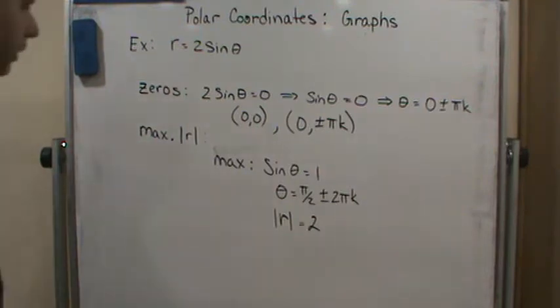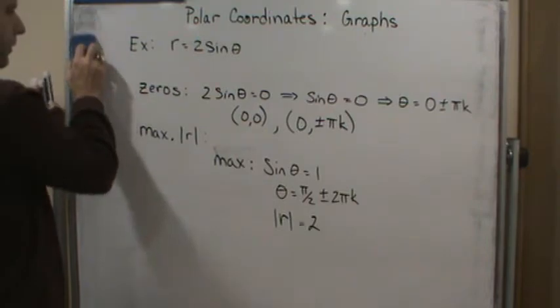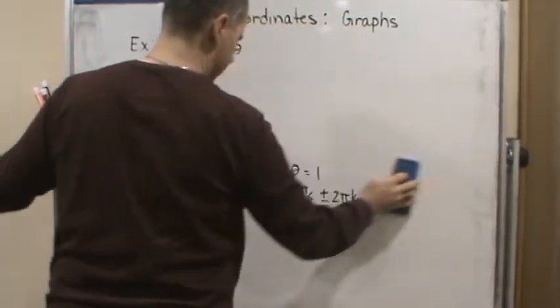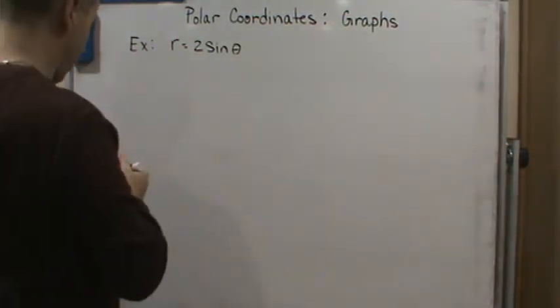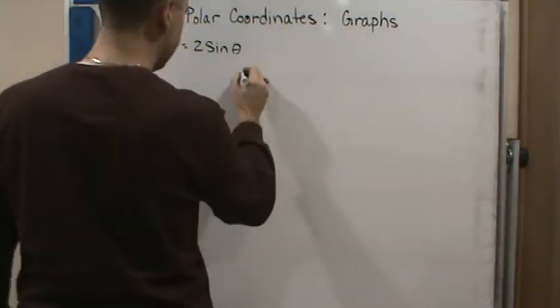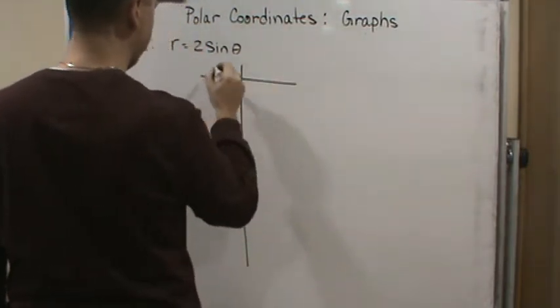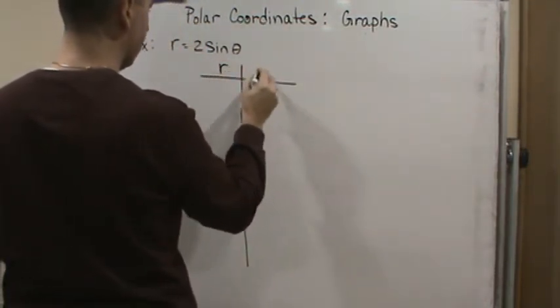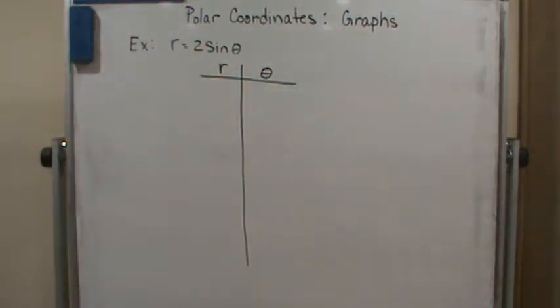Okay, so let's use this to graph some points. Okay, so let's have our table. So we've got our theta. And so let's go down and use the typical angles, right? The angles that we're familiar with.